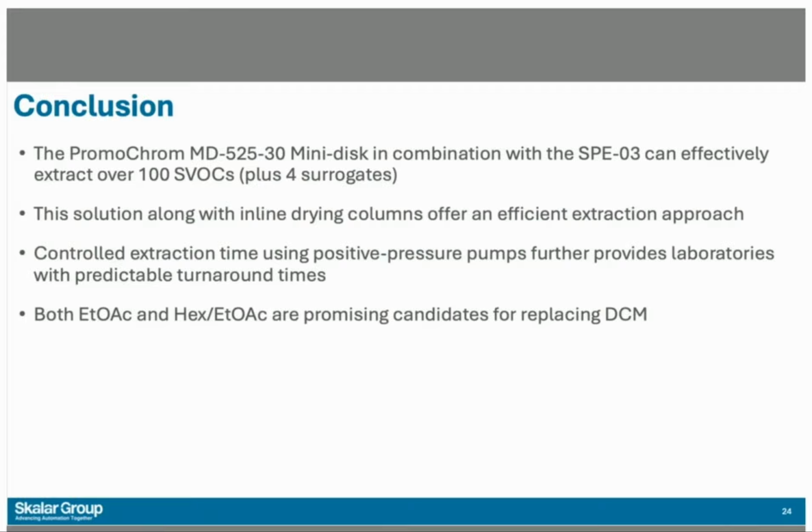Using an automated system gives you the benefit of having a very predictable runtime, so this gives predictable turnaround time when you're looking at your entire workflow. And both ethyl acetate and a hexane ethyl acetate mixture are promising candidates for completely replacing DCM with these extractions.